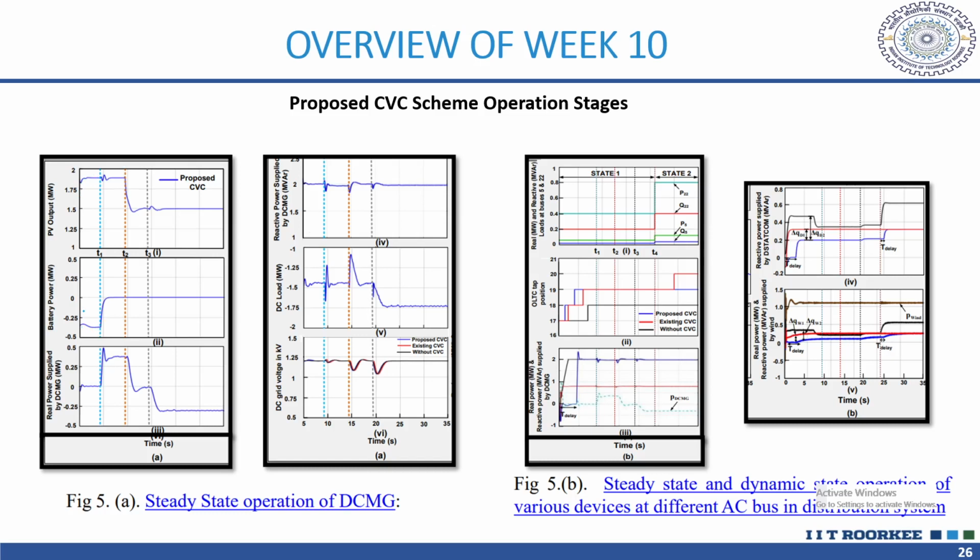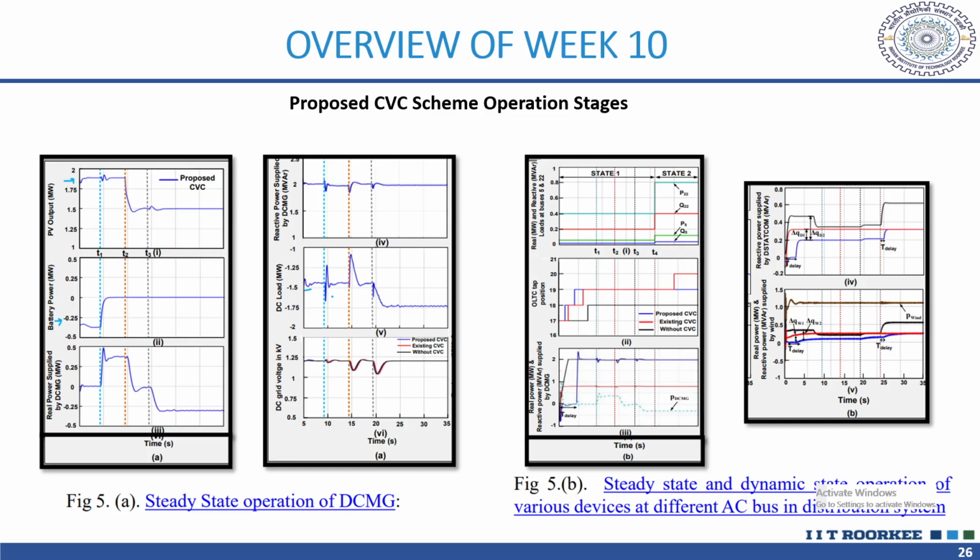It means we are having excess PV, because you can see the load is somewhere around 1.5, but the PV output is greater than 1.5. That's why the battery is charging here in the first time period.